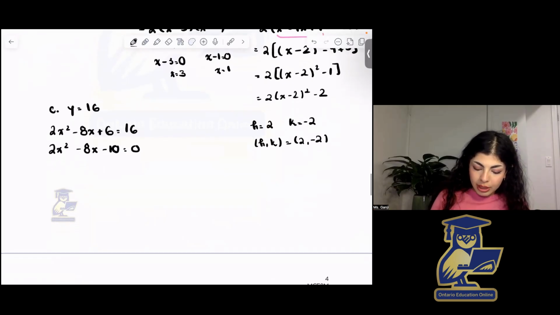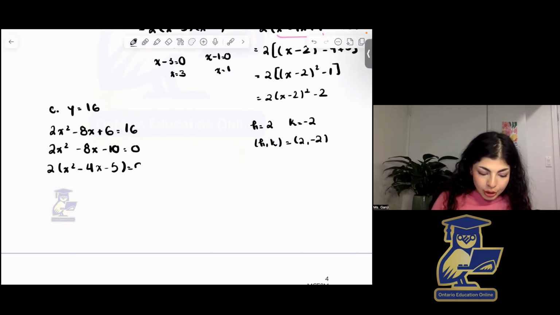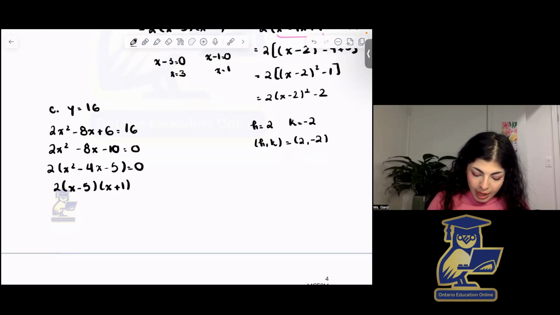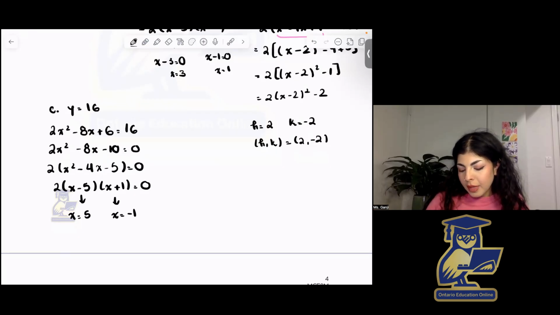Start with factoring out that 2. So we get x squared minus 4x minus 5. And then you should see that this itself will factor to x minus 5 and x plus 1. Then we have x is 5 and x is -1.